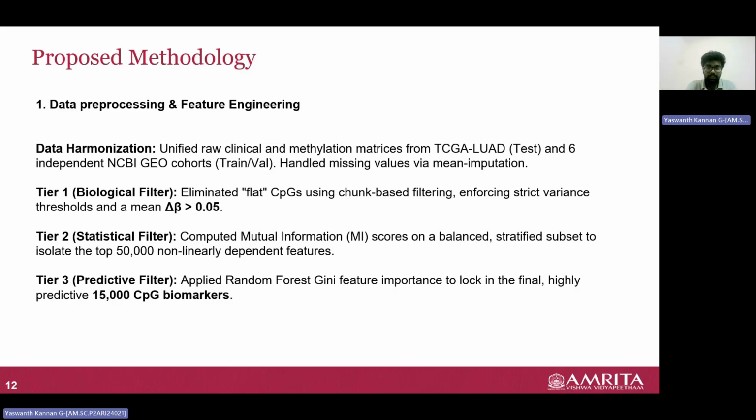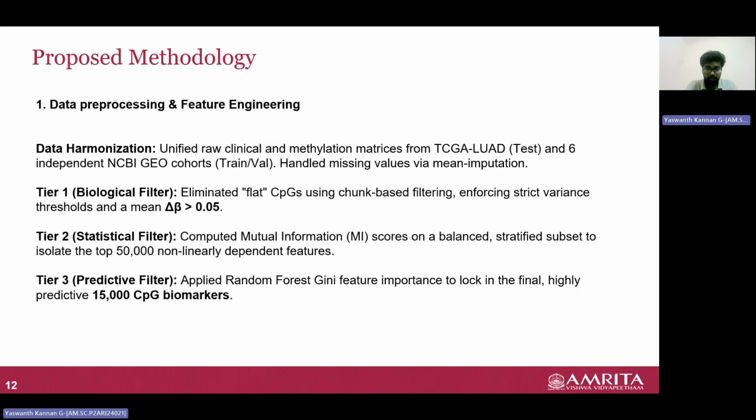The second stage is statistical filtering. Here, mutual information is measured based on the dependency between the CpG features and the target label, including non-linear relationships. This is important because methylation patterns often exhibit complex and non-linear behavior, which cannot be captured by simple correlation.